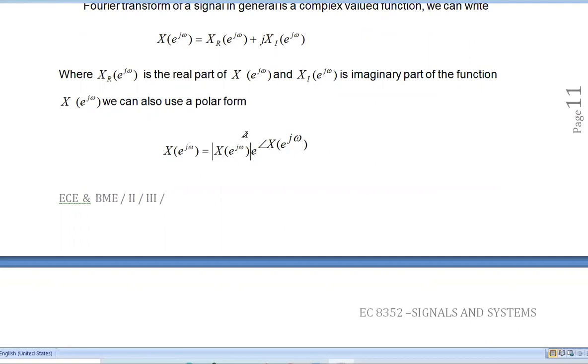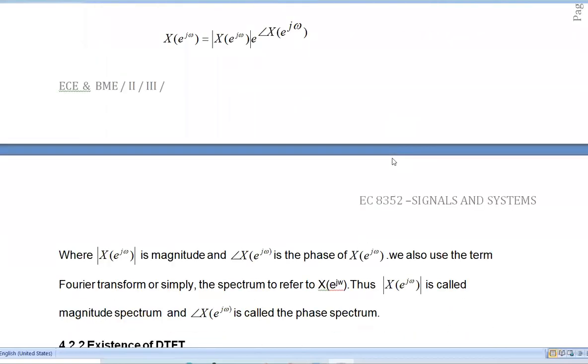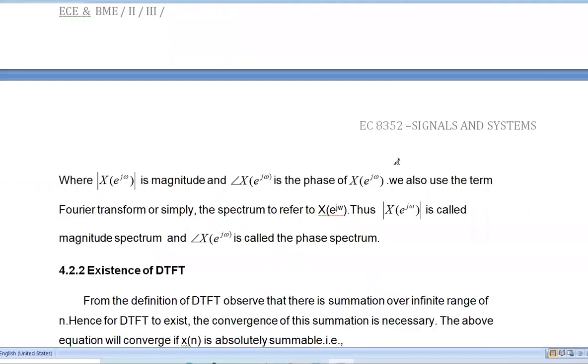If you draw the graph for modulus of x of e power j omega versus frequency, that graph is called the amplitude spectrum or magnitude spectrum. And the phase angle of x of e power j omega versus the frequency omega is said to be the phase spectrum. Combined, the two spectrums are said to be the frequency spectrum.